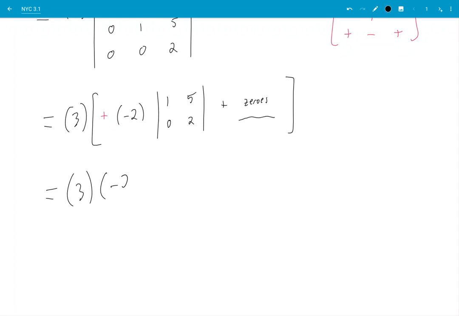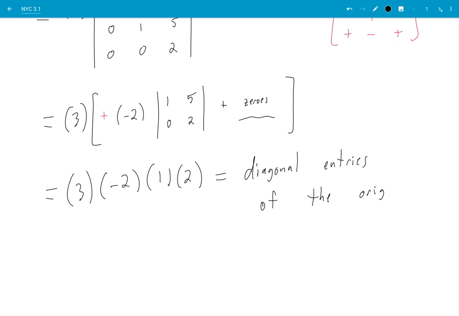So 3 times -2 times 1 times 2. Now I want to point out that these are the diagonal entries of the original 4x4.